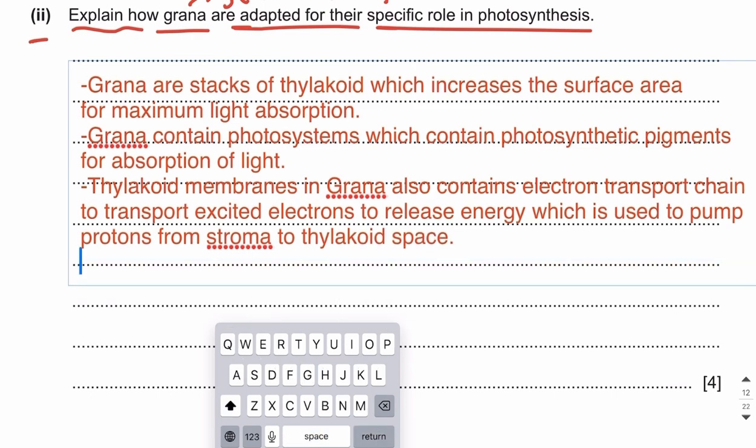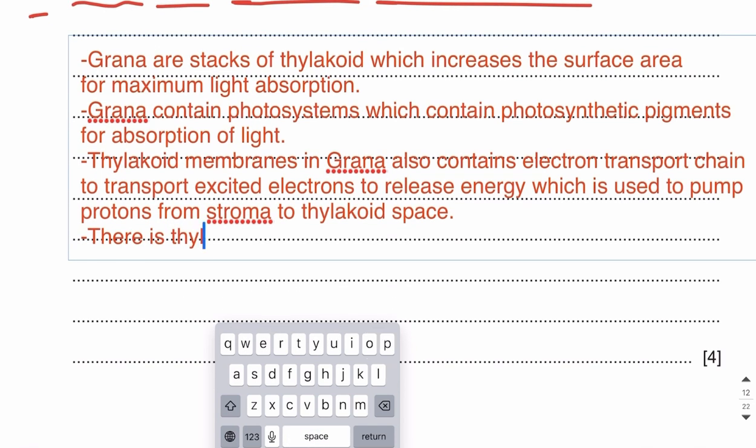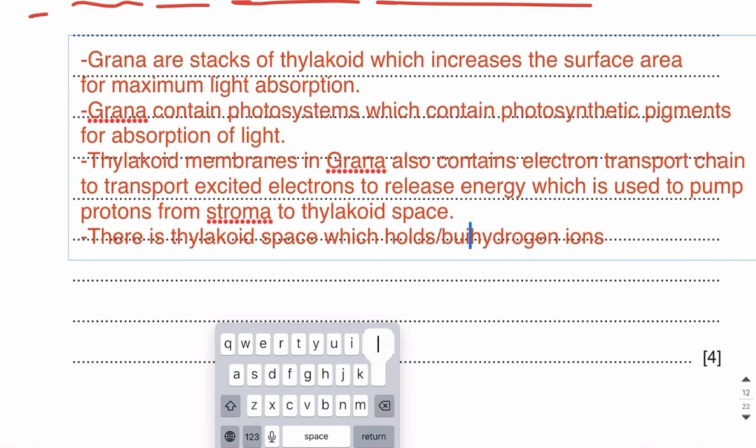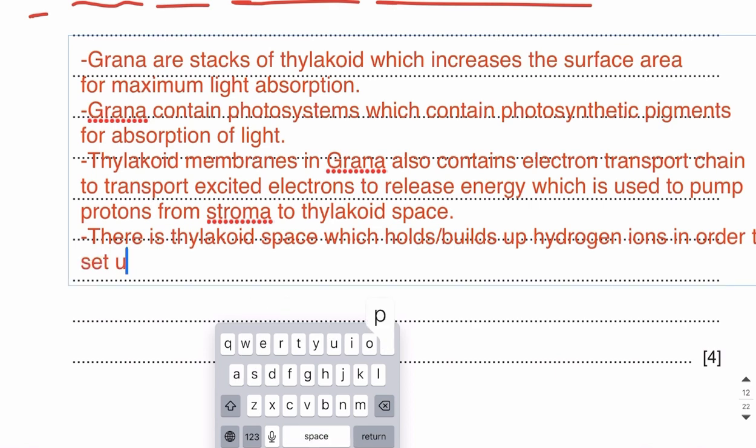Then you need to mention that there is also thylakoid space in grana, right? And what is the purpose of the thylakoid space? There is thylakoid space which holds hydrogen ions, or we can say which contains hydrogen ions, or builds up hydrogen ions in order to establish or set up a proton gradient.